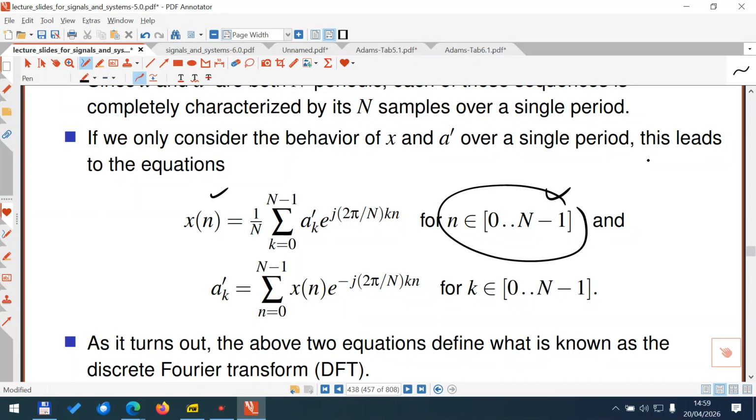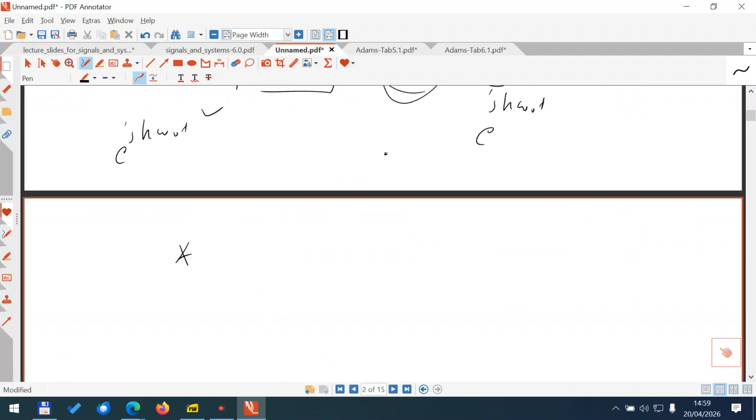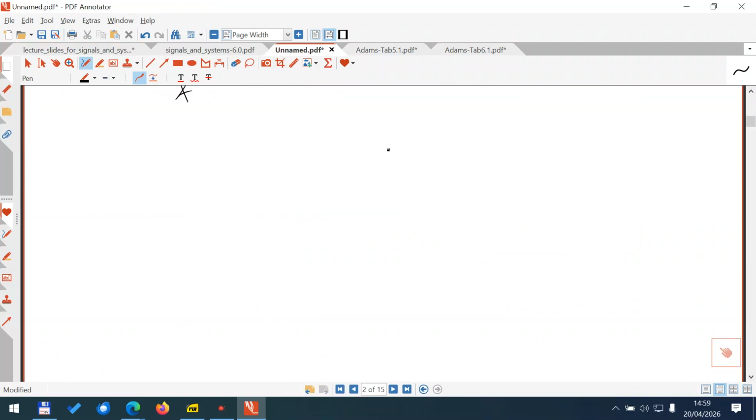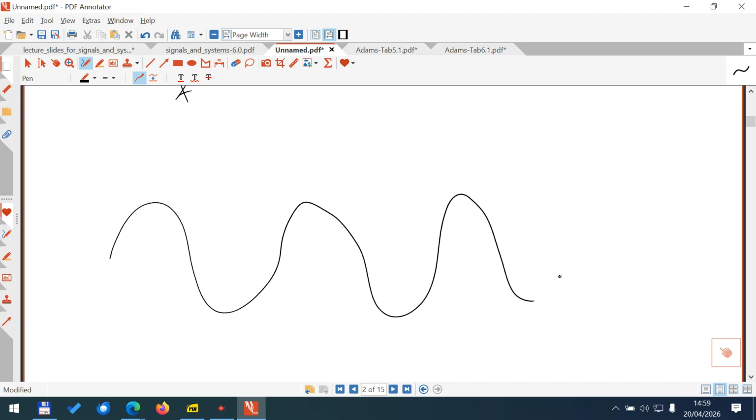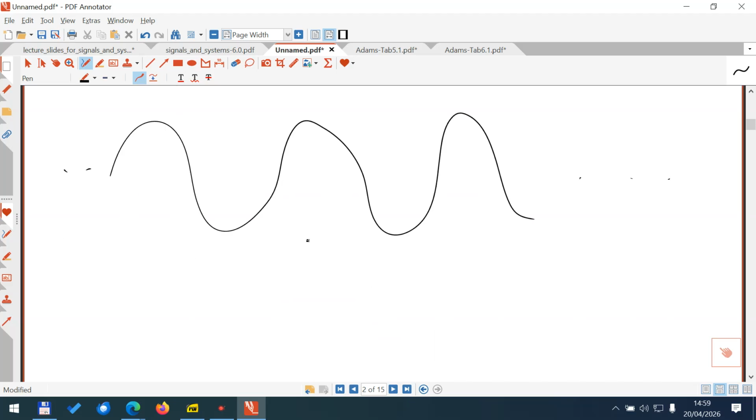In calculus, can you recall there is an operation? Let's say I have this sine function, and let's say I remove this. I only keep it for one period. And instead of saying that it's 0, I say that it will be undefined.